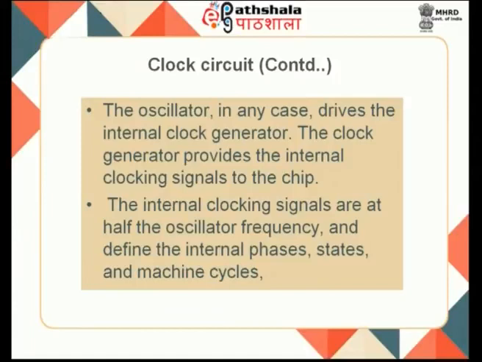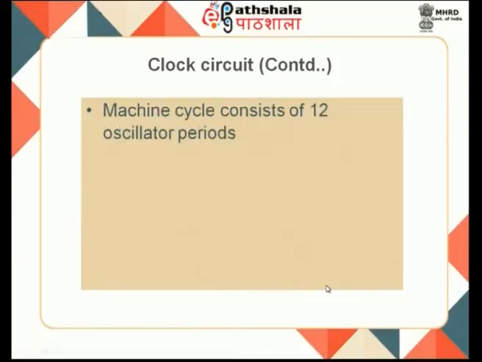The oscillator in any case drives the internal clock generator. The clock generator provides the internal clocking signals to the chip. The internal clocking signals are at half of the oscillator frequency, and it defines the internal phases, states, and machine cycles. Remember that when I am looking at a processor, I need 12 oscillator periods to have one machine cycle.